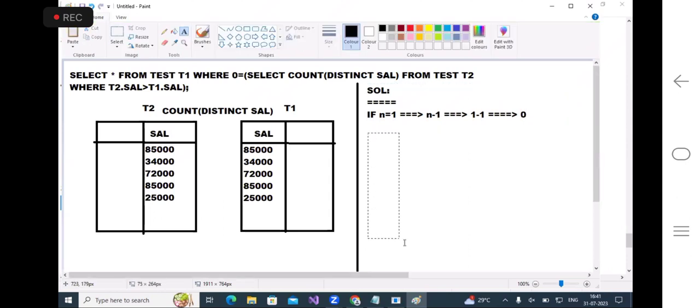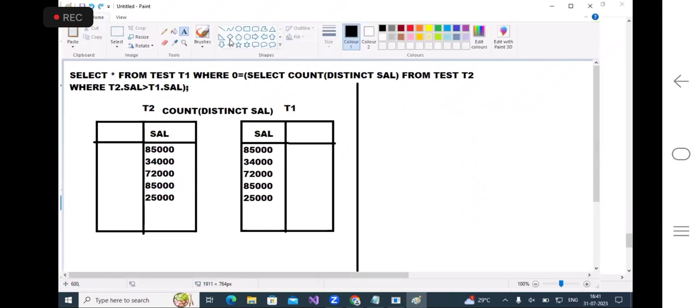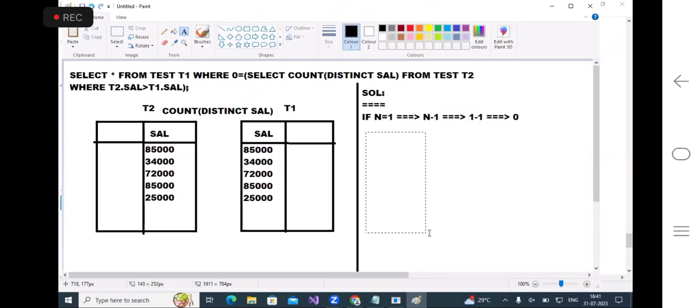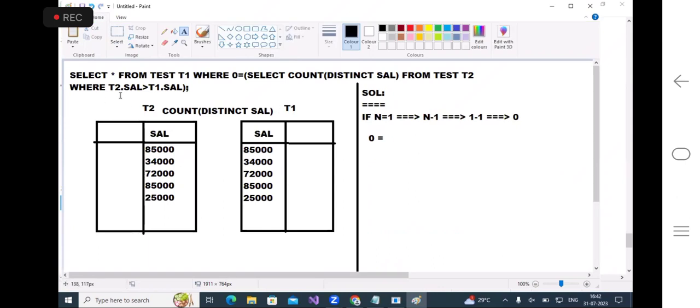So what I want to say is, these are the zeros. Now I can compare: 0 is equal to the outer value, which I will compare later. Now, which query is executed first? The outer query.